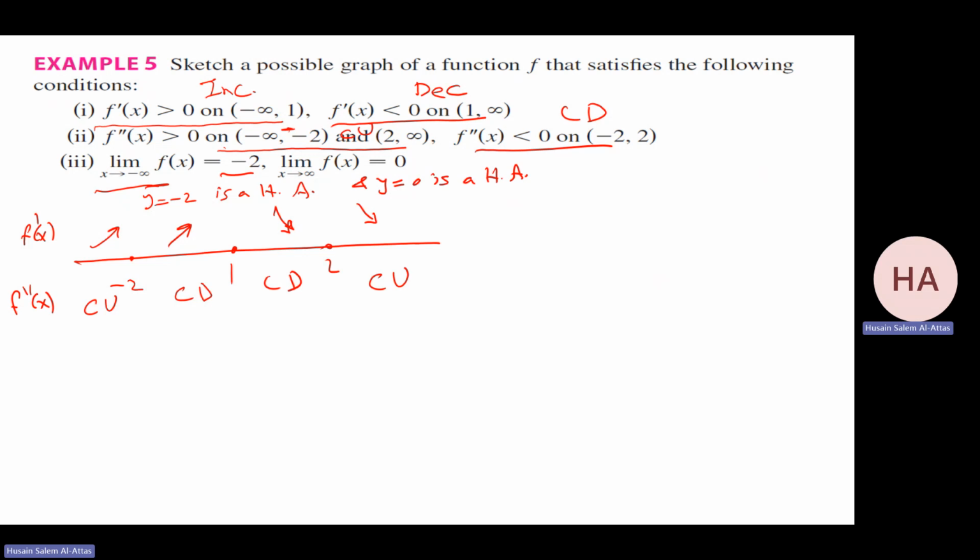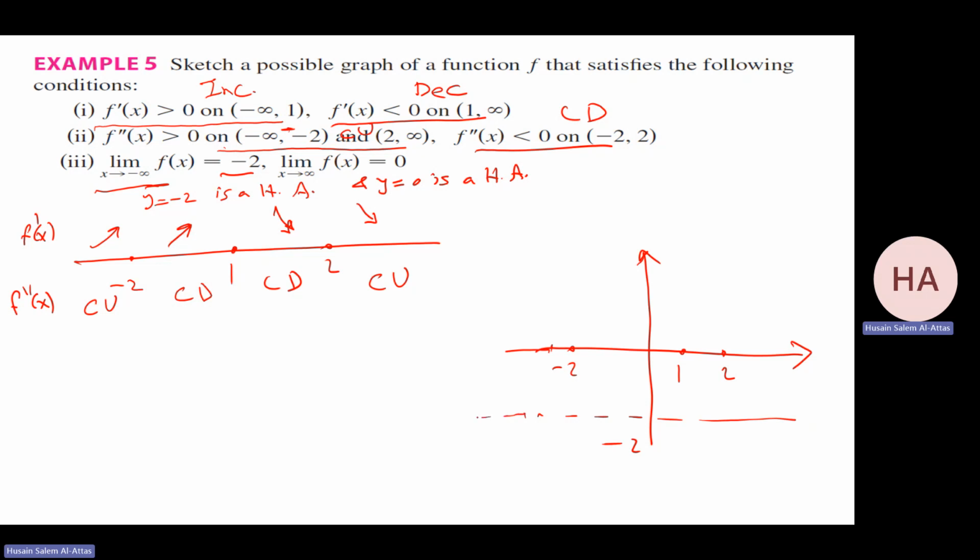Okay. Let me sketch the curve. This is not only one answer, it has a lot of answers. So I have y equals minus 2. This is an asymptote. And y equals 0, which is the x-axis. Okay, what are the important values? Minus 2, 1, 2. It says what? Before minus 2 is increasing and concave up.